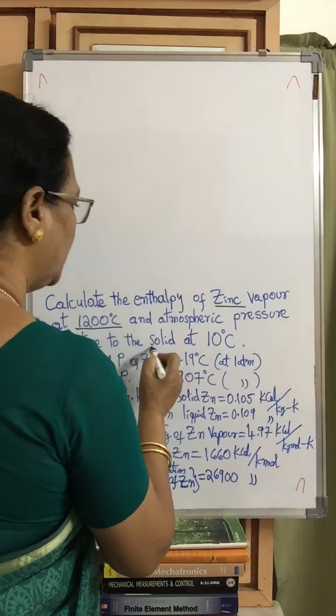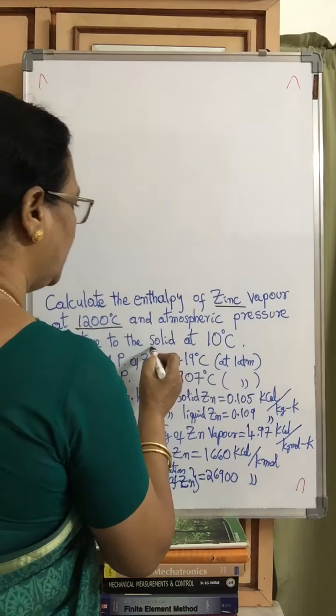To solve this type of problem, we need some data: information like melting point, boiling point and mean specific heat data are required, because at the melting point and boiling point, phase change takes place.